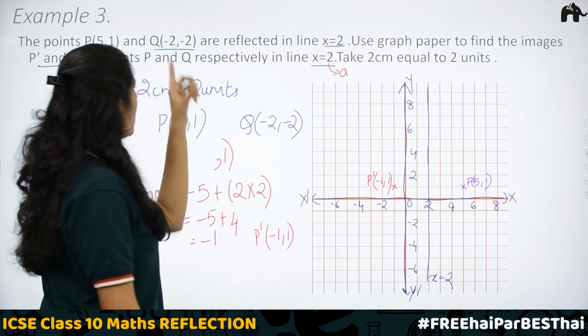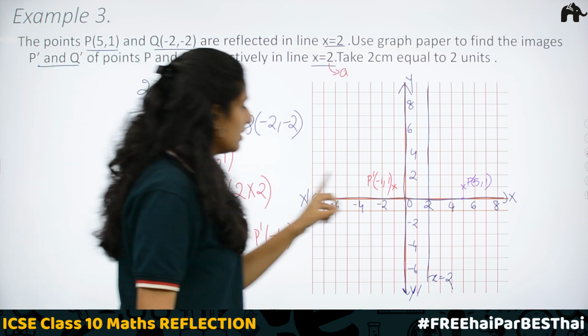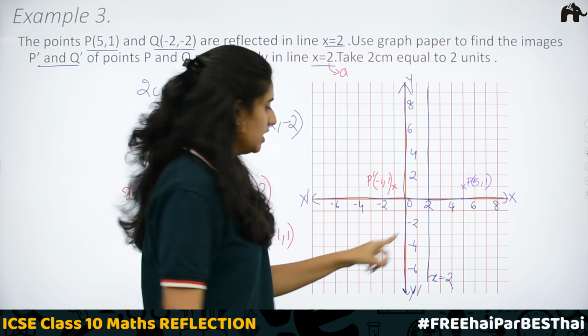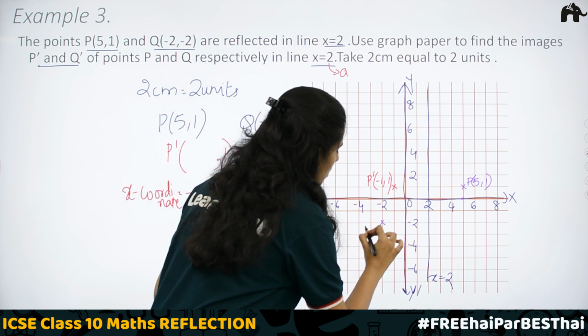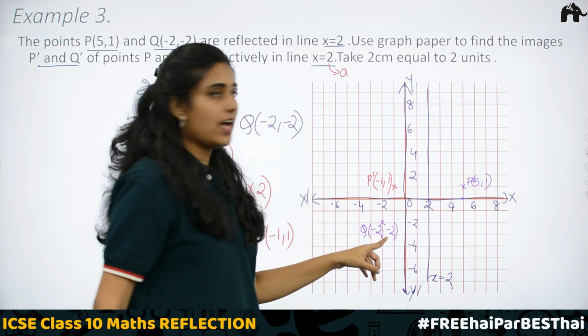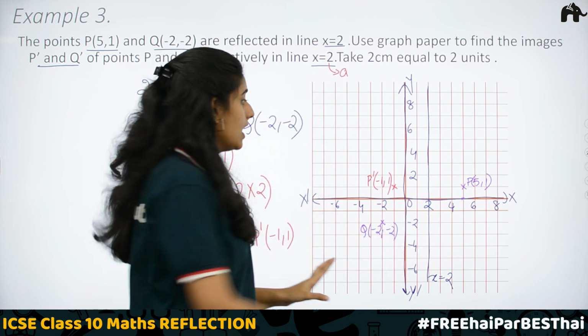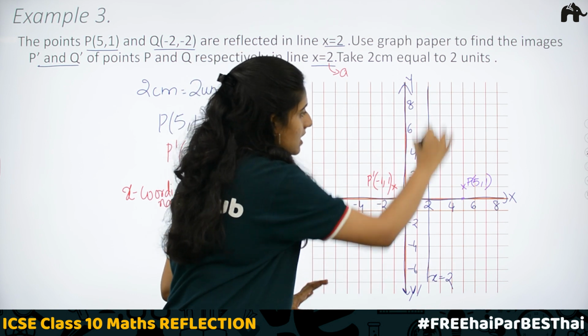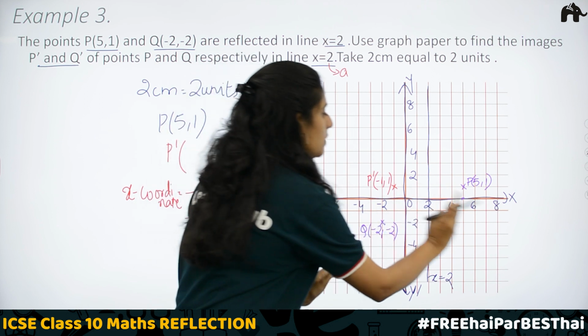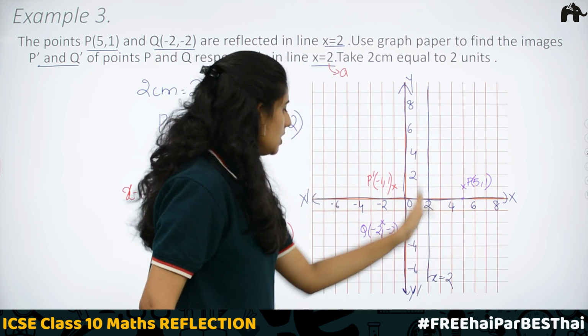Coordinates of Q are minus 2, minus 2. That is, along the x-axis minus 2, along the y-axis minus 2. Here we get the point Q minus 2, minus 2. We need to find the image. Okay. We are taking a line that is parallel to the y-axis. Therefore, y-coordinate should remain the same. Image will be formed to the right of the mirror line.